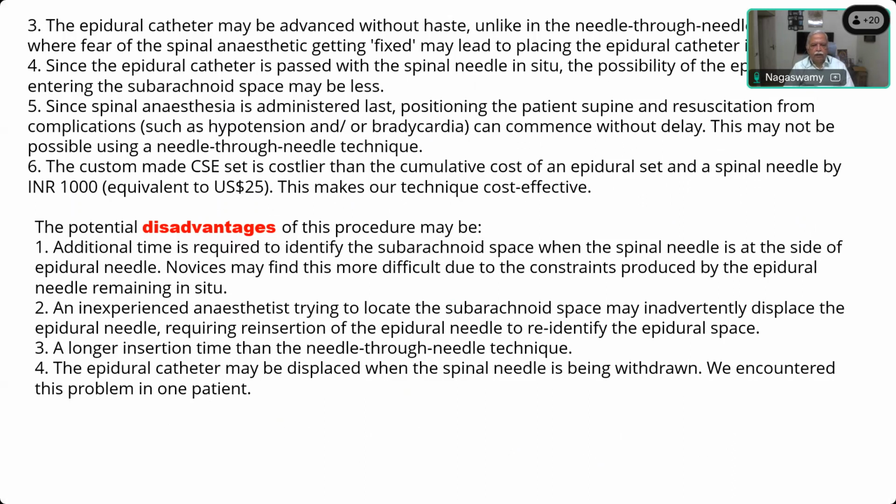And inexperienced anesthesiologists trying to locate the subarachnoid space may displace the epidural needle, which requires insertion of the epidural catheter to re-identify the epidural space. Insertion time may be a little longer than the needle through needle technique, and the epidural catheter may be displaced when the spinal needle is being withdrawn. When you remove both the needles, you may sometimes remove the catheter also.